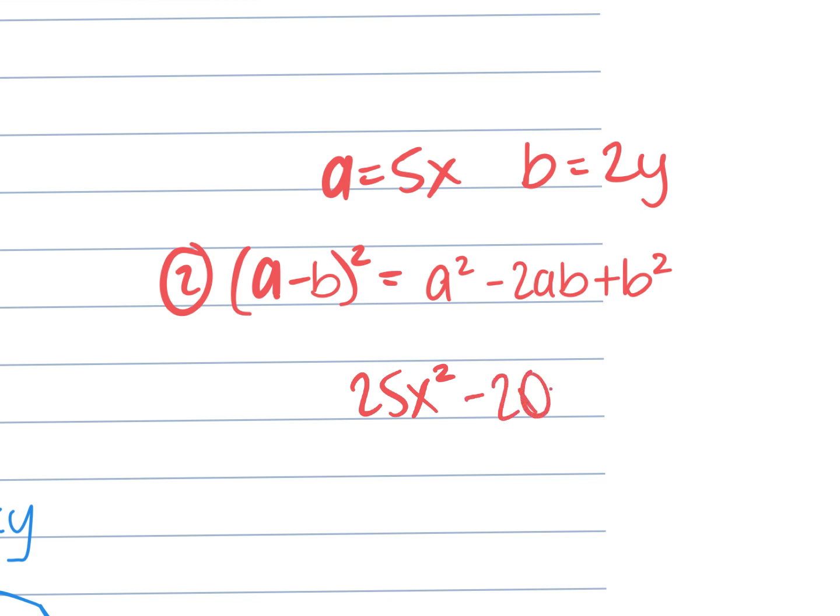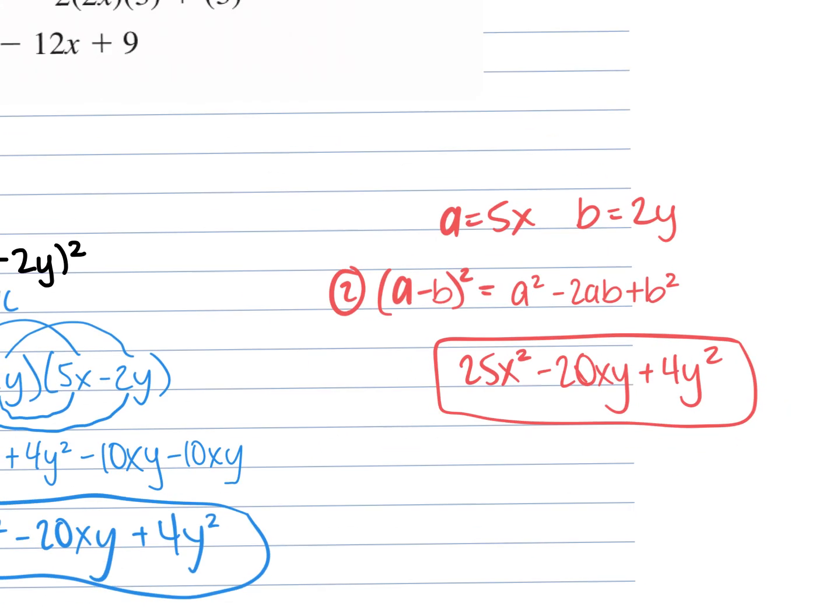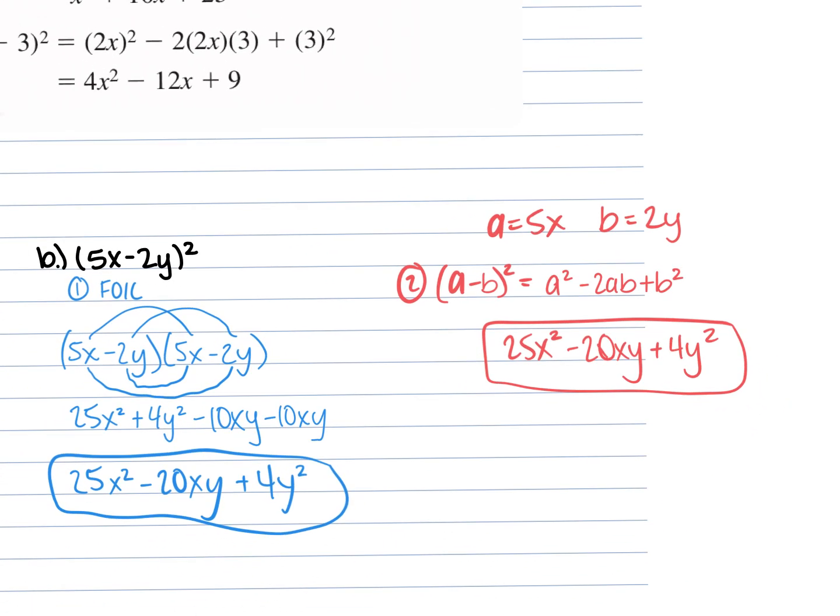Negative 20xy. And what is 2y squared, or 2y times 2y? 4y squared. Did the shortcut match the original? Check it out. Do I care which method you use? No.